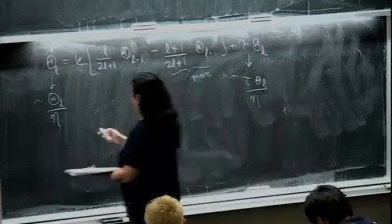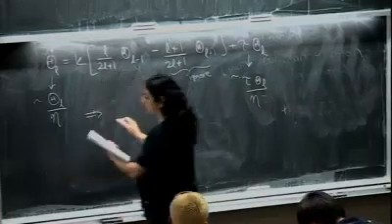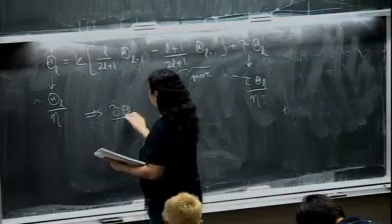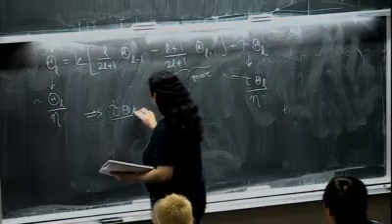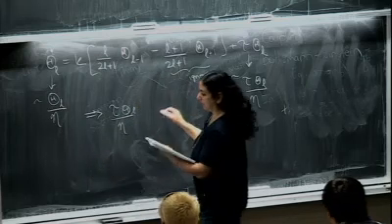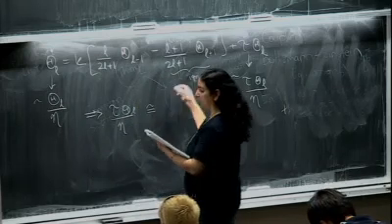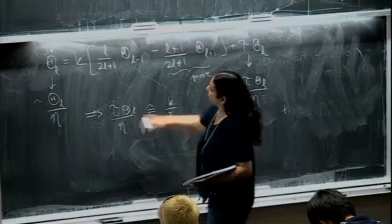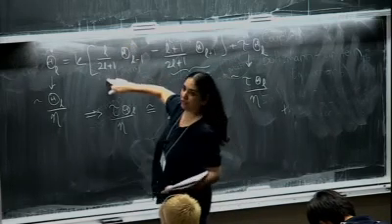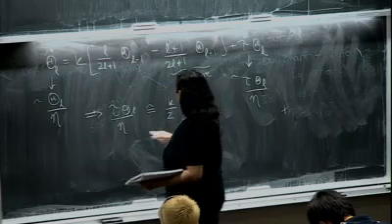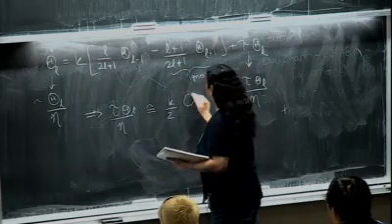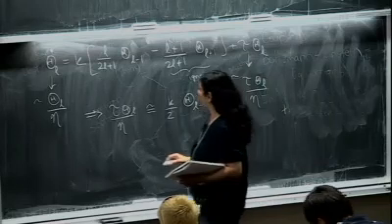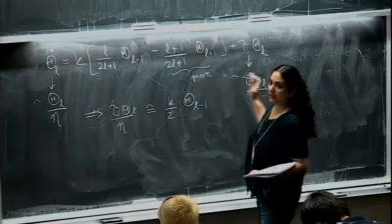Since tau is very big, what's going to dominate is this piece over here. I'm going to say that it's roughly equal to K over 2 theta L minus 1, because this term is dominating over the other term.